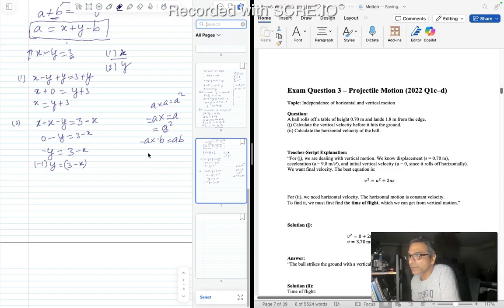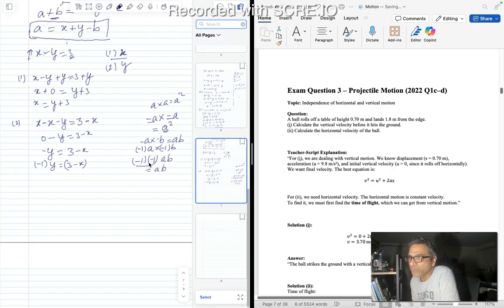Got it? Okay. So again, what has happened here is minus a times minus b is minus 1 times a multiplied by minus 1 times b, right? So literally we are multiplying minus 1 with each other, and this gives us ab.